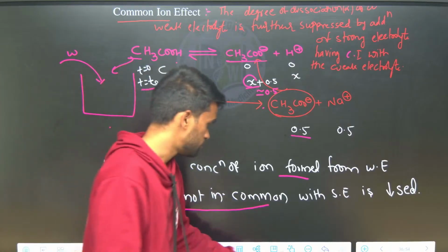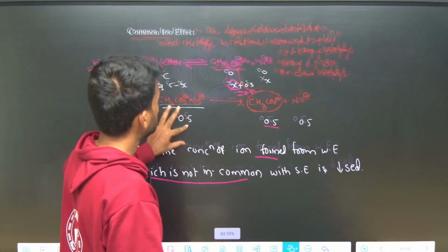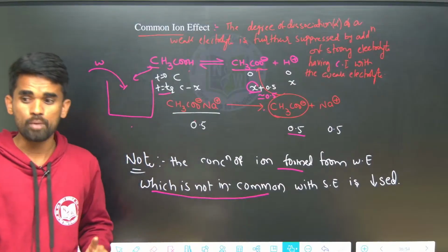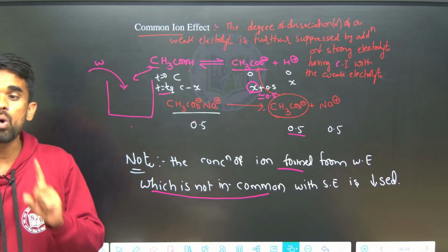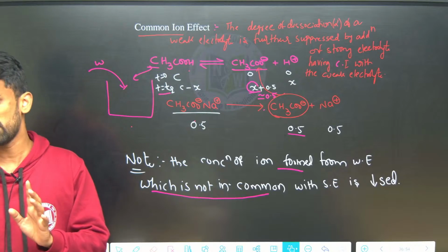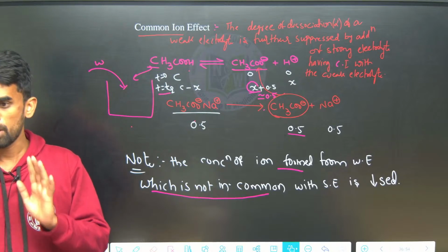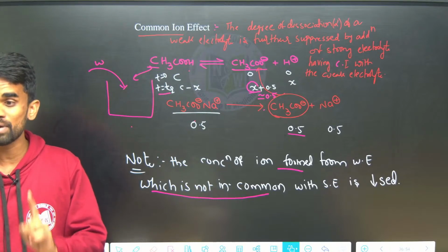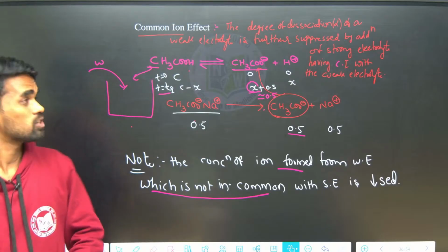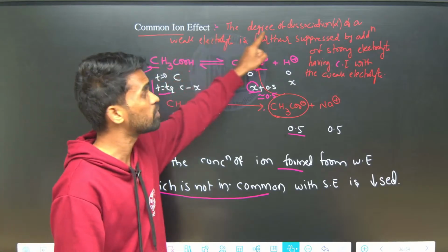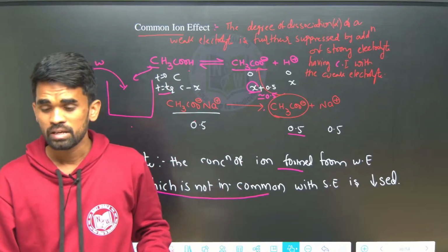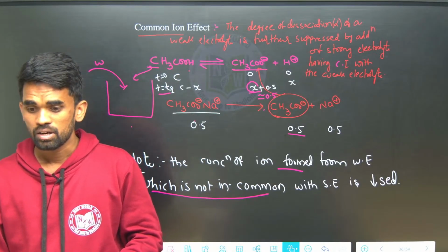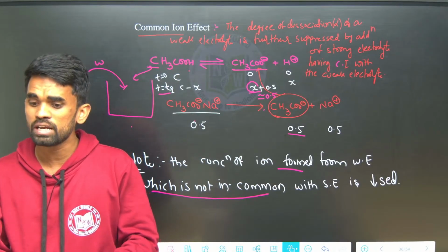Okay, right. Now, the common ion effect is applicable only for weak electrolytes. What am I saying? Why is the common ion concept applicable only for weak electrolytes? Just look at the definition: the degree of dissociation alpha is decreased. For which electrolytes? Only for weak electrolytes.